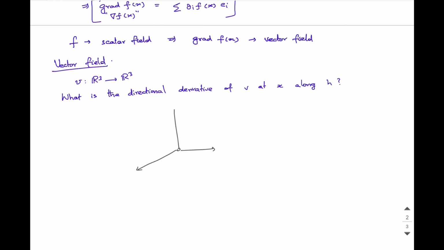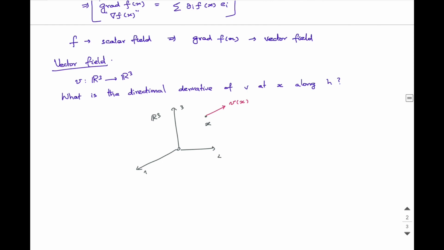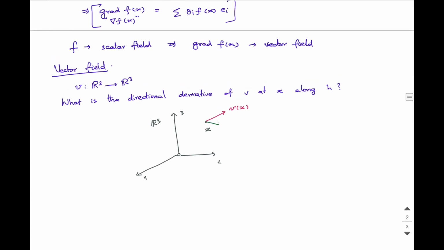So this is our three-dimensional Euclidean space R3. Now suppose I take an arbitrary point x. Here, let's say I have a vector v, that's the vector field, so it's technically written as v of x. That's the vector field at the point x. Now the question is, what happens if I move along some direction h?